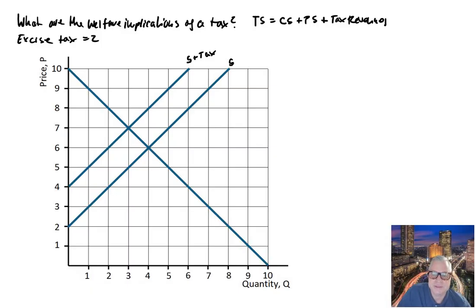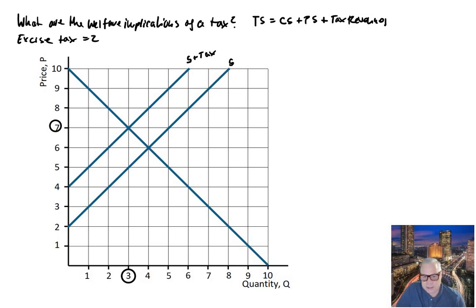Okay, so what we can see is the original price was 6 and the quantity turned over was 4. But as a result of the imposition of a tax, we now have a new equilibrium price. The equilibrium price is now 7, and we have a new equilibrium quantity, which is now 3.